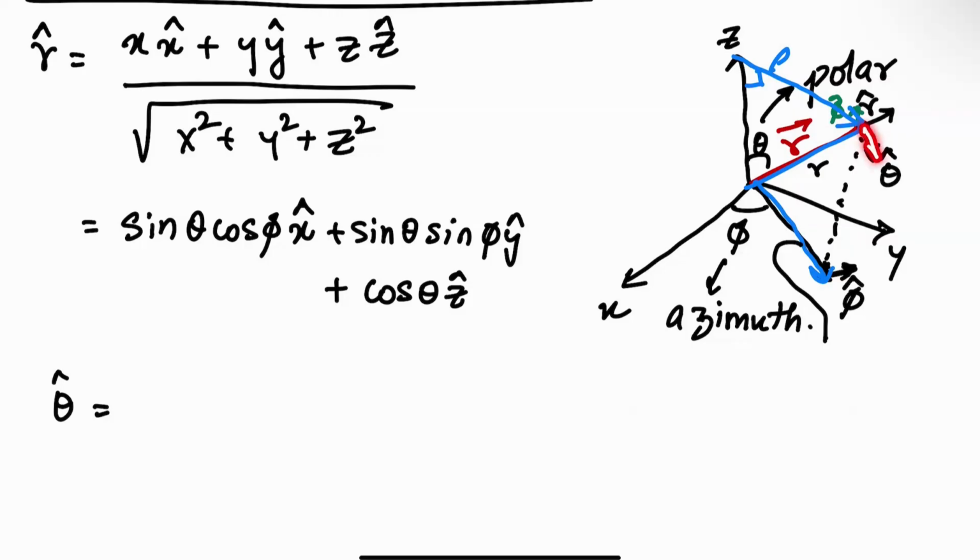When you bring this down and that vector is on the xy plane, then theta hat has to be along minus z. Whereas when theta is 0, which means you're along the z-axis, where does theta hat point? When theta is 0, theta hat points along rho hat, kind of radially outward. It's actually not well defined at that point.